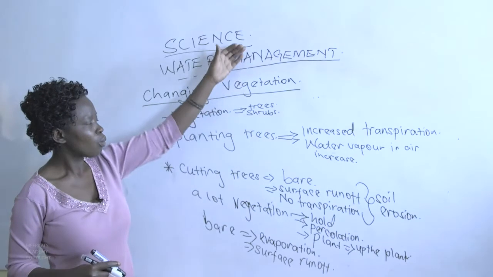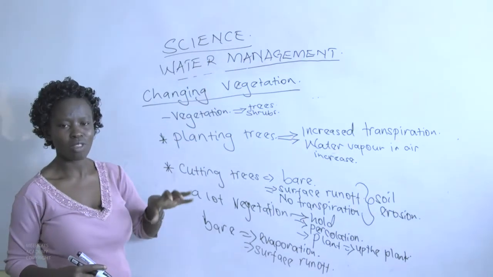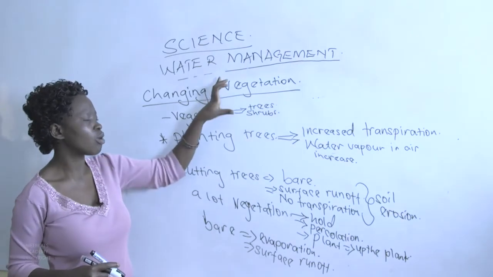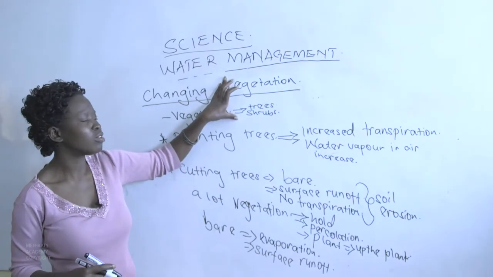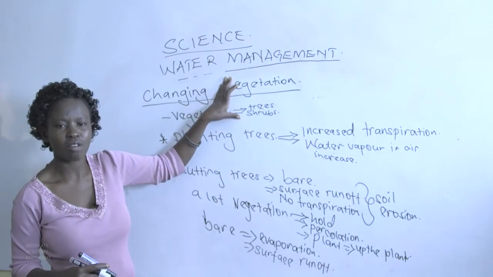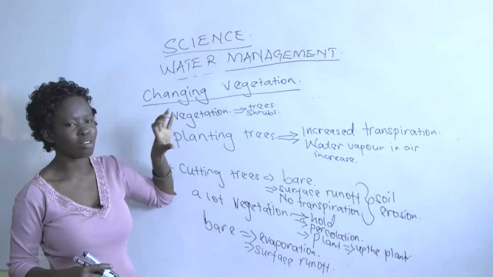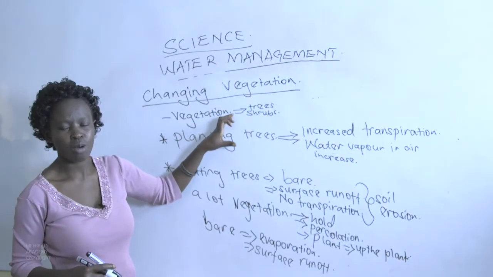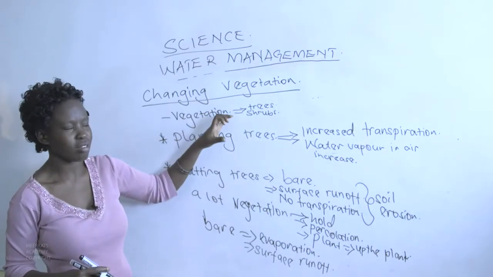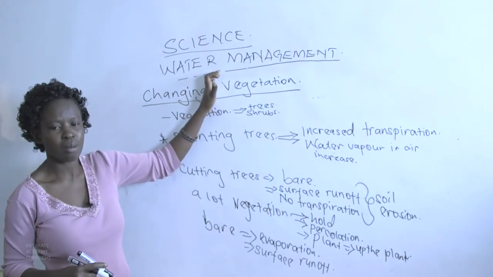As we are looking at it, one of the most important resources on the earth's surface is water. We talked about how no organism on the earth's surface is able to survive for a long time without water. That is why we've dealt with the water resource so much, in that we've looked at the water cycle, and now we've looked at water management.